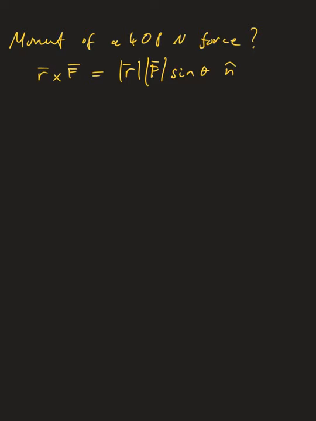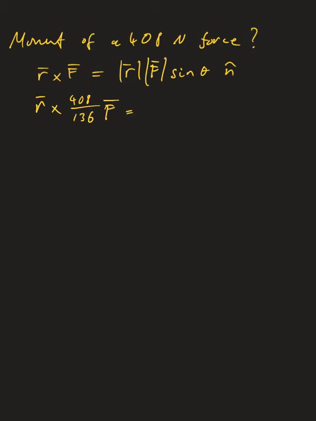For a moment of a 408 Newton force, if I wanted to turn f into a 408 Newton version of itself, I would multiply it by 408 and divide it by its current magnitude, which was 136. So there I've just turned my force from a 136 magnitude one to a 408 magnitude one.